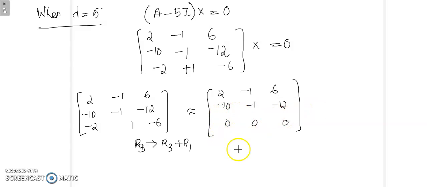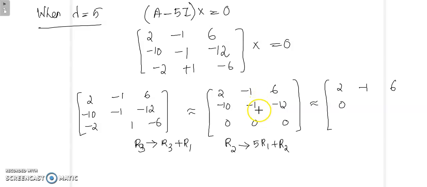And you can simplify the second row. So take R2 goes to 5R1 plus R2, making the first place 0. So you will get 2, minus 1, 6, then 0, then minus 5 minus 1, that is minus 6, then 30 minus 12, so that is 18.